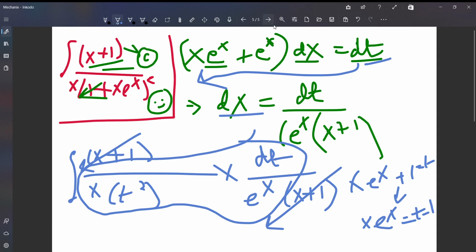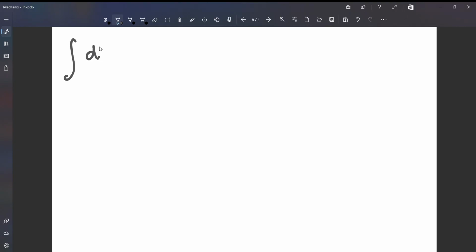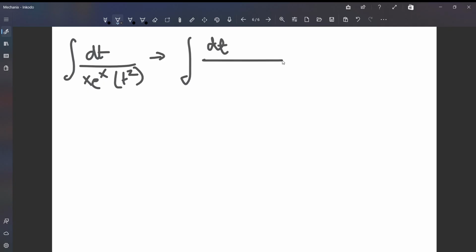So continuing this, we get integral dt, and I'll write a much better version of this now, x into t square, which is nothing but the integral of dt by t square into t minus 1.